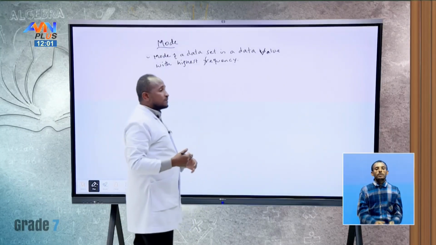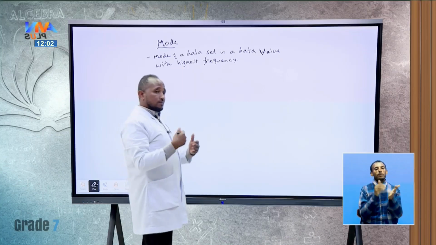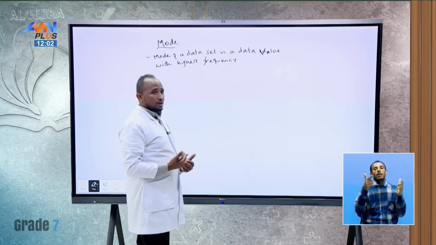Greater number, that means frequency, means number of repetitions. A data value with greater number of repetitions will be the mode of a given data.